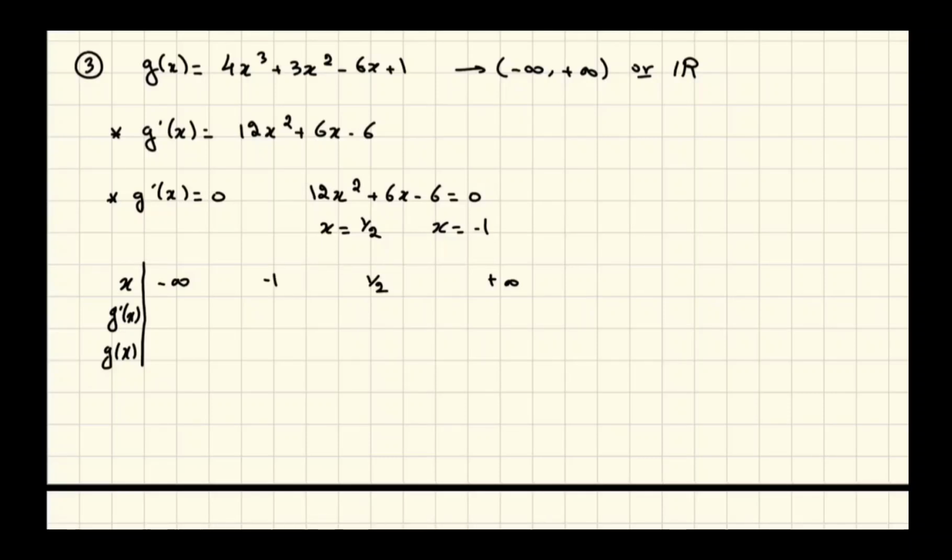So -1 is smaller, and these values will make g prime 0. So you just make the segment on the level of g prime and you write 0. Now there is a trick here to do it fast.